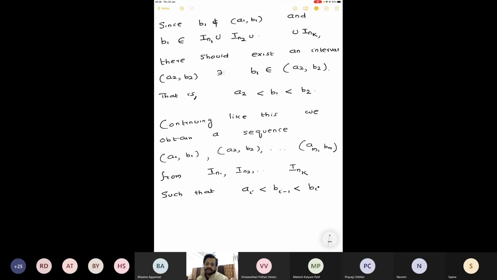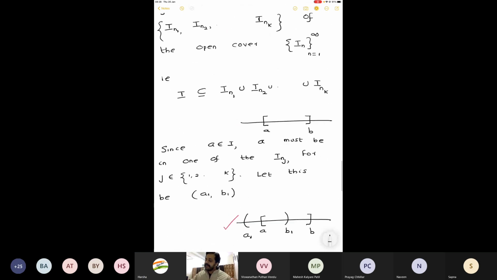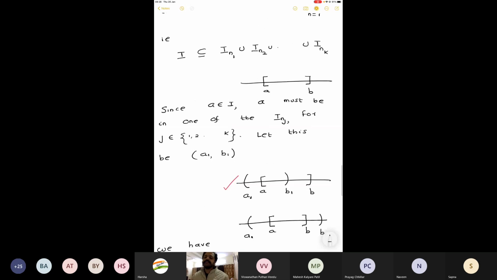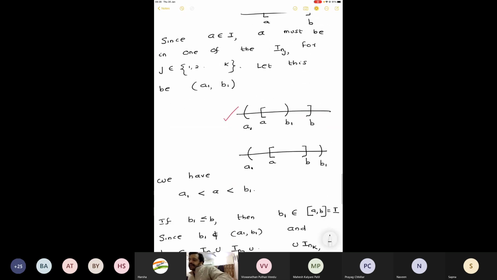What do you feel? So it will terminate. Why should it terminate? Because I have only a finite number of open intervals, I_n1, I_n2, and so on, I_nk. Everything happens inside those. (a1, b1) is one among them, (a2, b2) is one among these k intervals, and so on. That means this process should terminate.